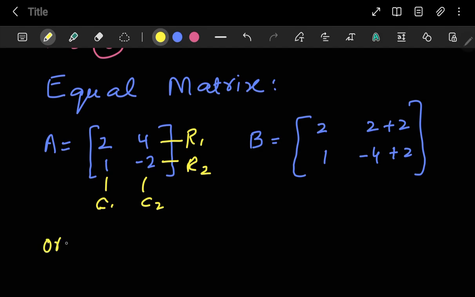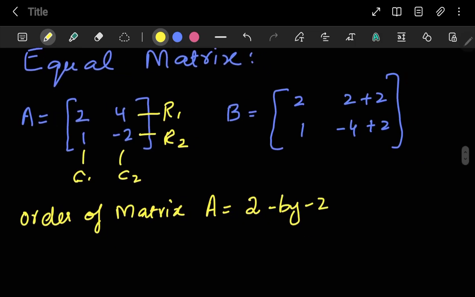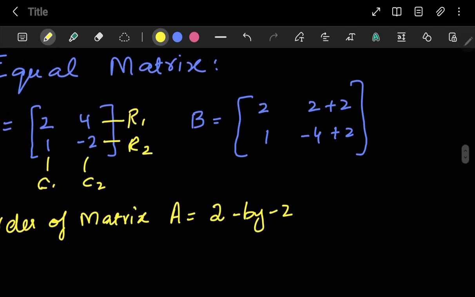So the order of matrix A will be, rows come first. So how many rows? There are 2 rows and 2 columns. The next matrix has 2 rows and 2 columns.